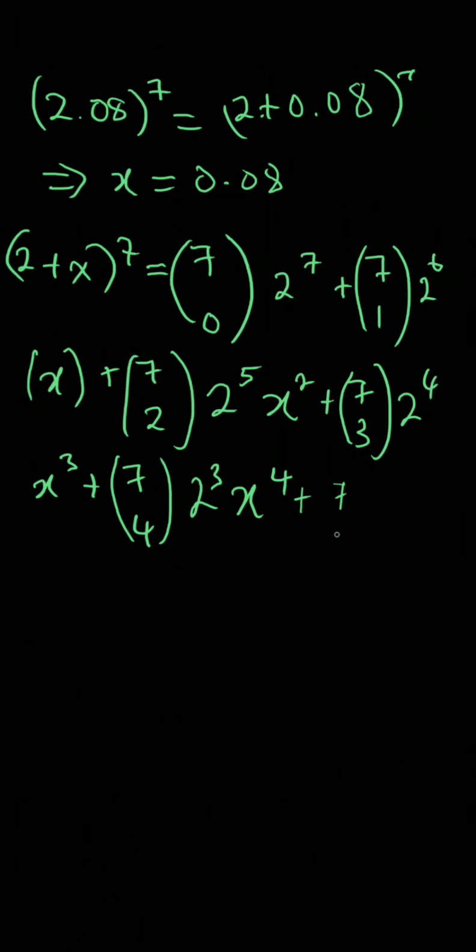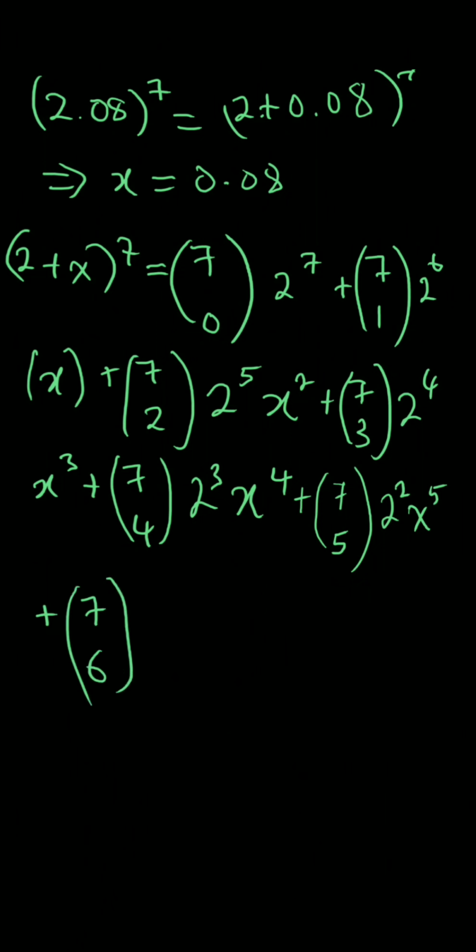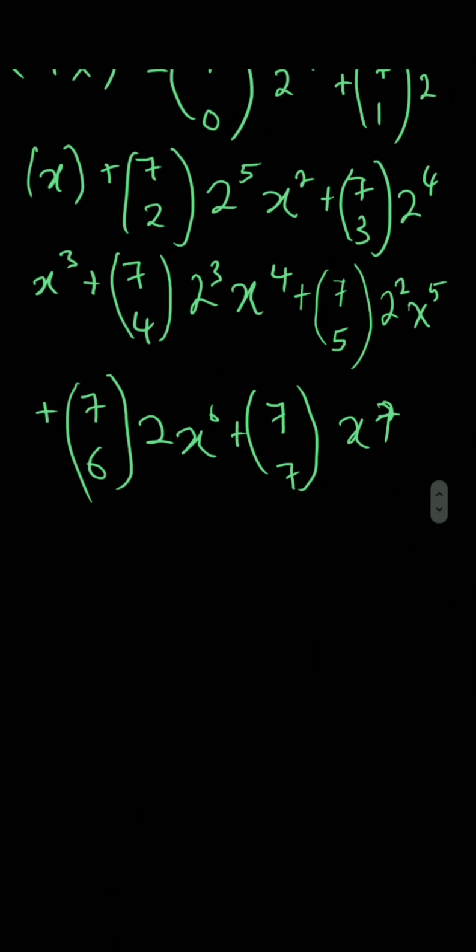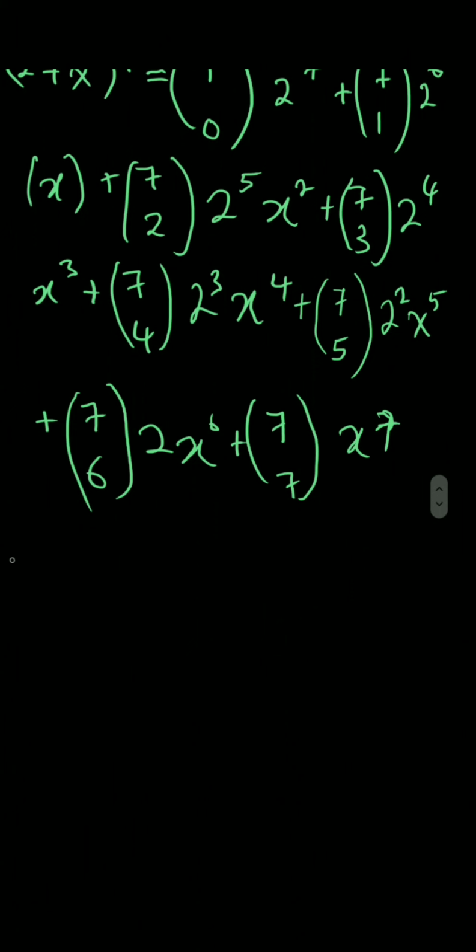Plus 7 choose 5 times 2 raised to the power of 2, then x to the power of 5. Then plus 7 choose 6 times 2 to the power 1, then x to the power of 6, plus 7 choose 7 multiplied with x to the power of 7, since the other one is raised to the power of 0, giving us a 1.